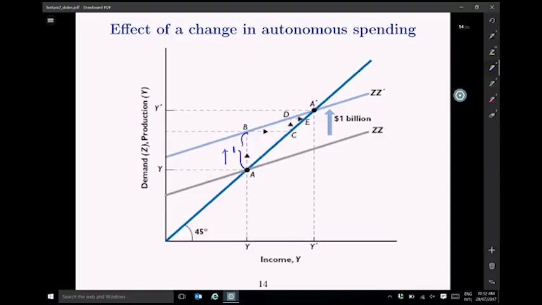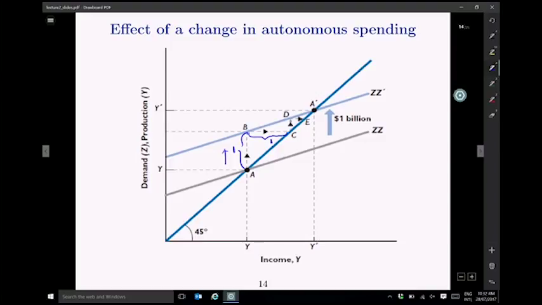The direct impact of the increase in government spending will increase aggregate output by 1. But that's not the end of it. Just as we discussed, the 1 unit increase in aggregate output means that on the horizontal axis, aggregate output increased by 1 unit. Because consumption depends on disposable income, which depends on aggregate income, the increase in aggregate income by 1 means consumption will increase by C1, right?